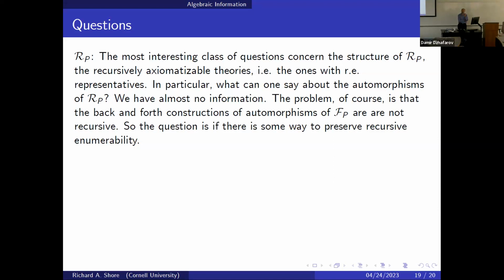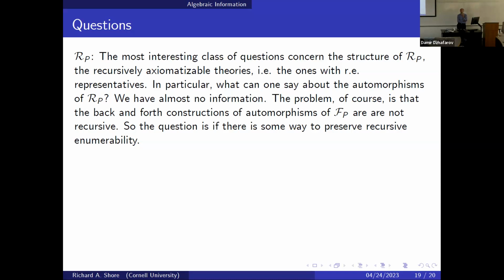You may have noticed that I talked a lot about the finitely axiomatizable theories and all the theories, but not very much about the recursively axiomatizable theories. And why is that? It's because I have no idea how to build automorphisms of that structure. The problem is, you somehow have to build an automorphism of the finite formulas which preserves recursive enumerability.